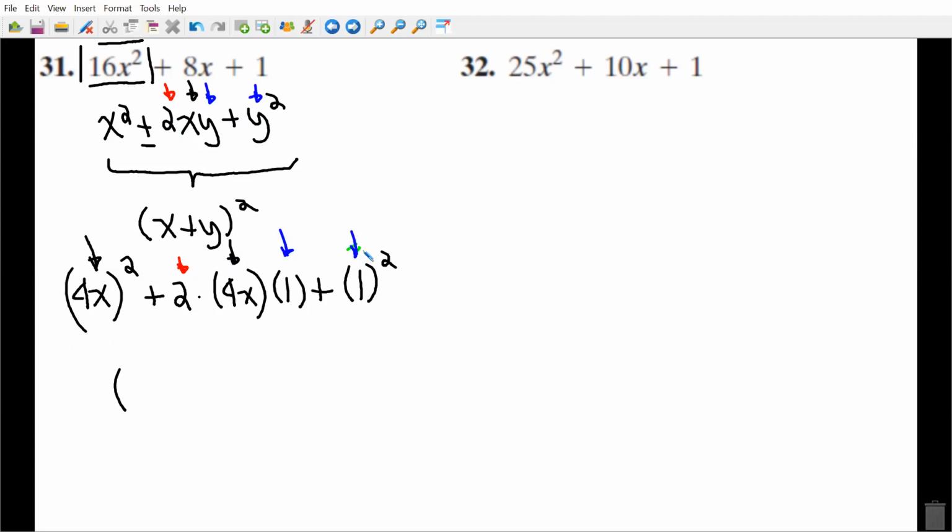And when you have this, it means your first term plus the last term squared. Any questions, guys?